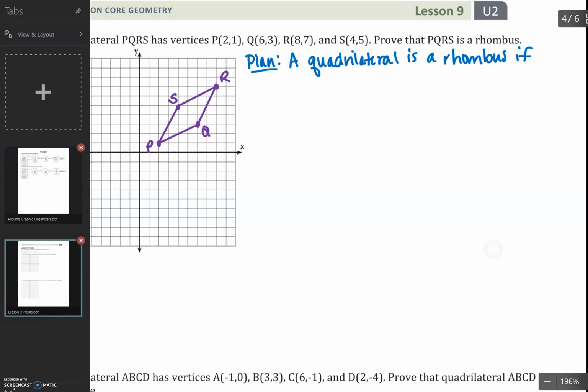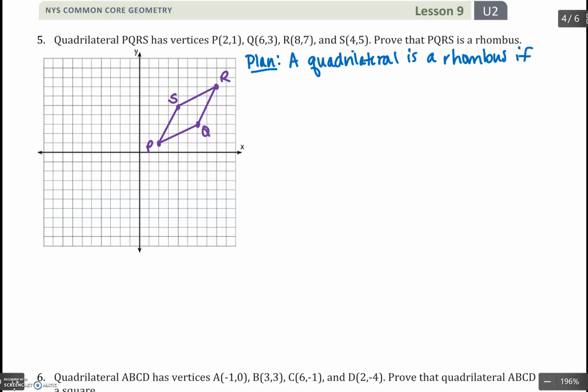I recommend you listen and pick the one you like and pause it so that you can write down everything afterwards. So the first one we're going to do is if all sides are congruent. This is not my preference because I do not like sitting here doing a lot of Pythag, but again, a lot of my students prefer that. So if I wanted to do that, then I need to figure out the distance for all 4 sides. So I'm going to do PQ first.